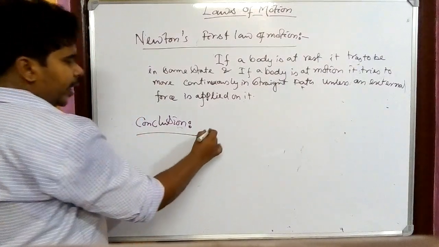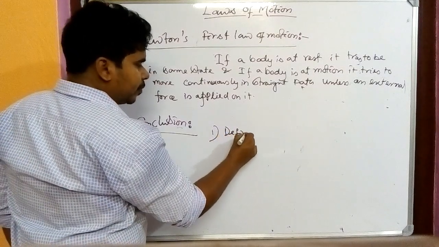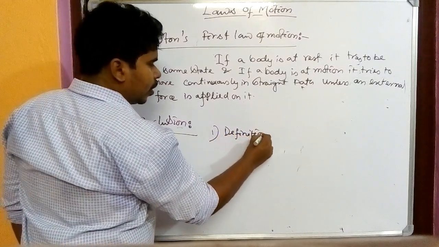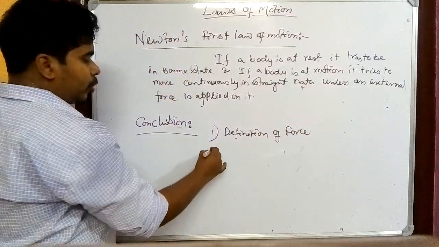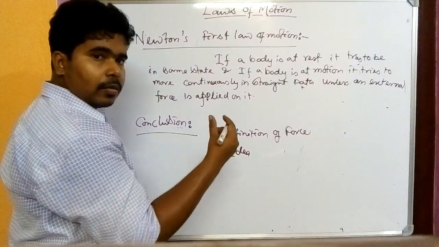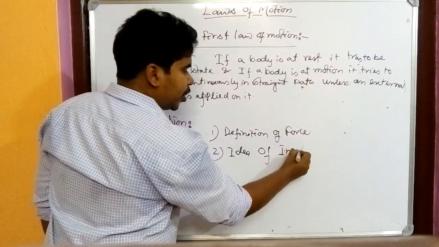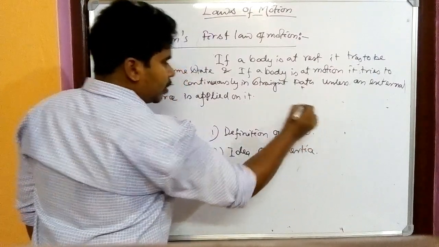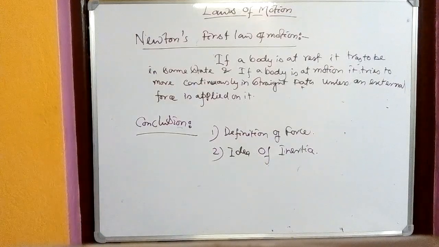From this, we get number one, the definition of force, and number two, the idea of inertia. These two things. First one, you know that. Second one, we need to explain more on that.